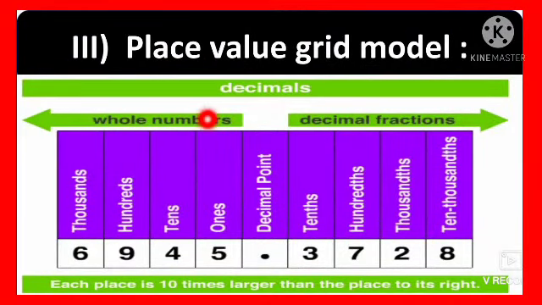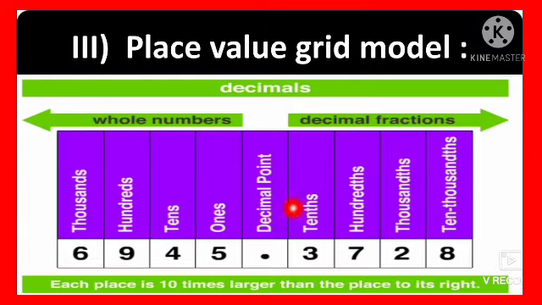Now place value grid models. This is the third model, the place value grid model. We know how to represent decimal numbers. Here the dot represents the decimal point, and the part before the decimal point is known as the whole part or integral part, and the part after the decimal point is said to be the decimal part or fractional part.